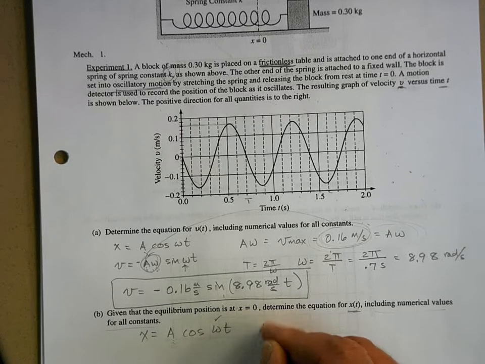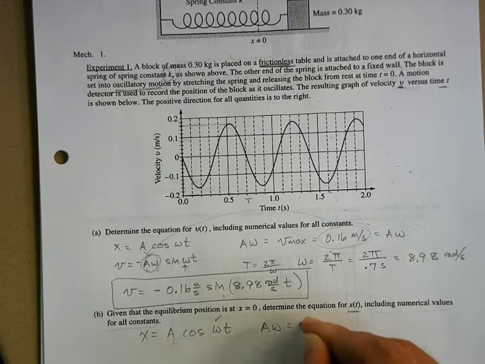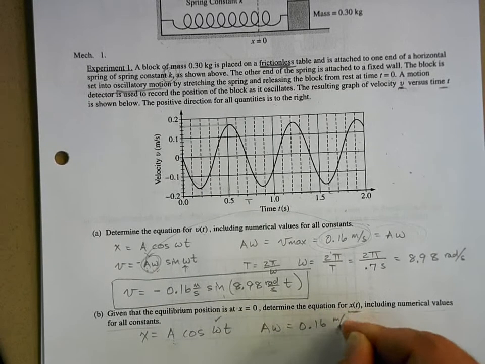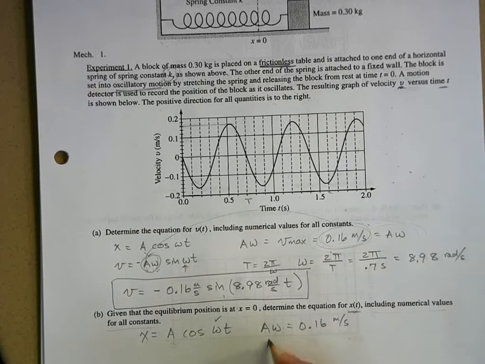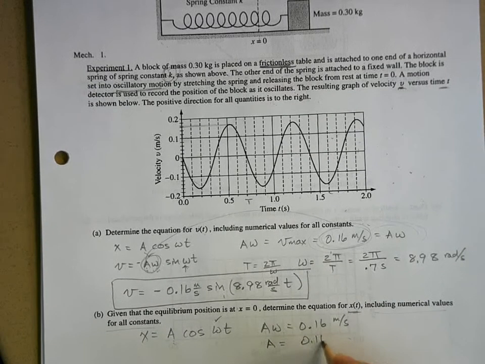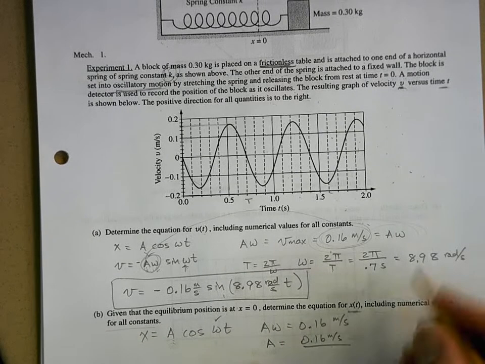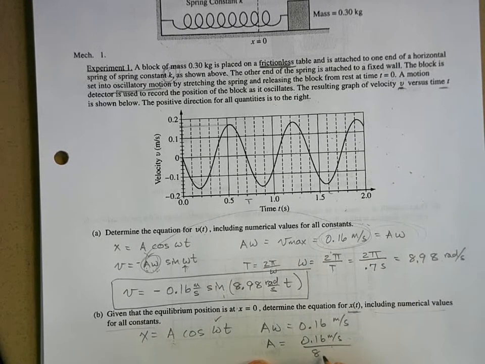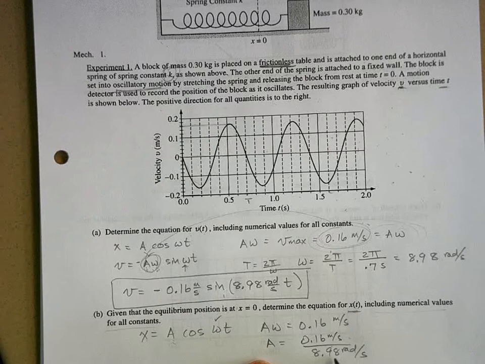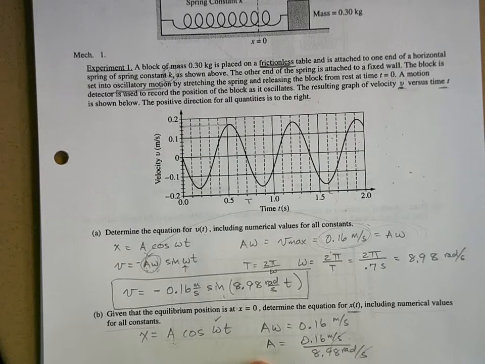So A omega equals 0.16 meters per second, so A is equal to 0.16 meters per second divided by omega, which is 8.98 radians per second. And look what we get: meters per radian. That's kind of what an amplitude is.